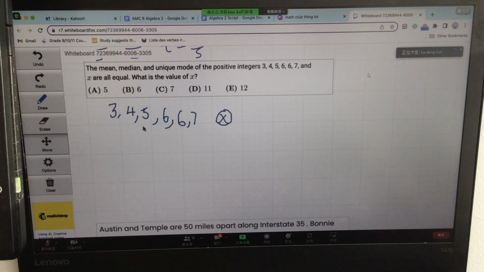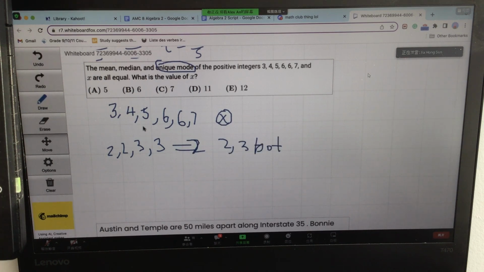Mean and median are kind of hard to calculate with this x because x can be in the middle and interrupt the median and the mean. But it says unique mode. This might be a point that wasn't mentioned beforehand, but if you have, for example, 2, 2, 3, 3, with a double thing, you can have two modes. Here 2 and 3 are both modes.